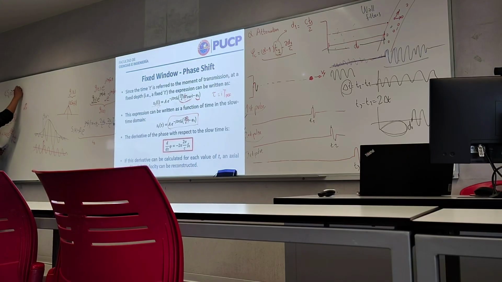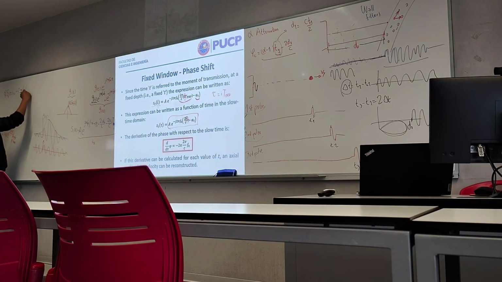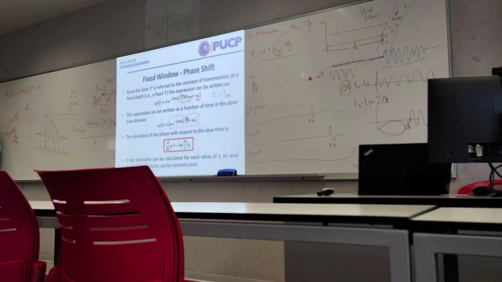Minus, yeah, correct, fine, 2 pi f0 times 2v over c. Correct, this will be the phase. So from this signal, it's possible to calculate the phase.